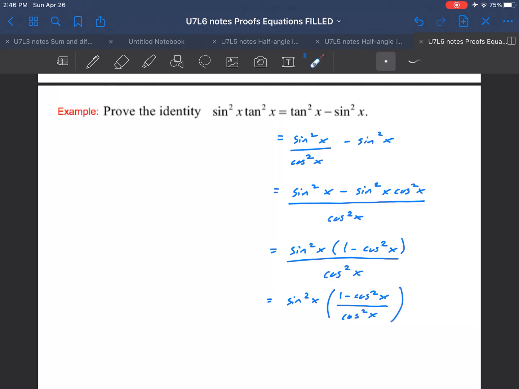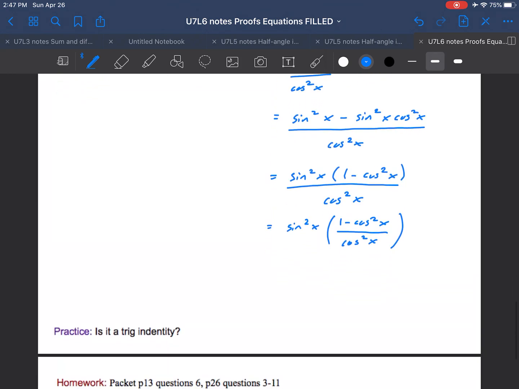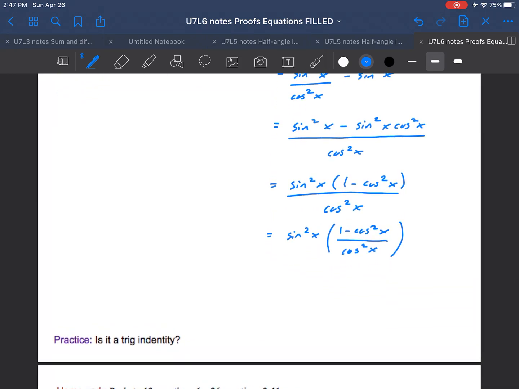Totally fine to do, right? Because this is all multiplication. So this times this divided by this, that's the same thing as just this, right here, times this over this. That's fine to do. And now hopefully we're seeing, oh, this is sine squared. Sine squared over cosine squared is going to turn into tan squared. So hopefully I have room for that. Actually, this is what I'll do. I'll go over here.